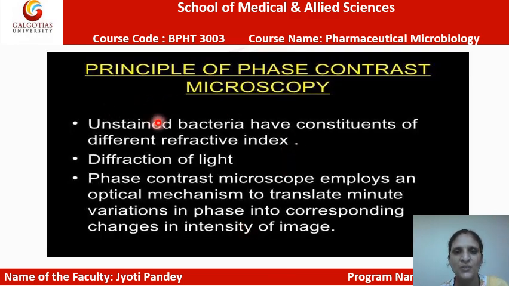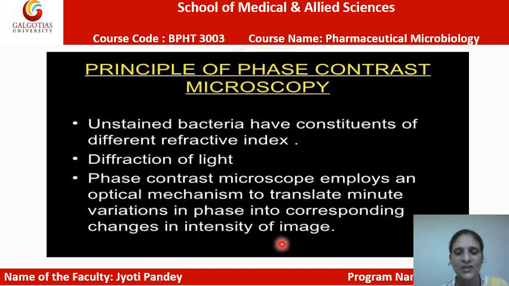What are the principles of phase contrast microscopy? It involves diffraction of light. Unstained bacteria consist of structures of different refractive index. Phase contrast microscope employs an optical mechanism to translate minute variations in phase into corresponding changes in intensity of the image.